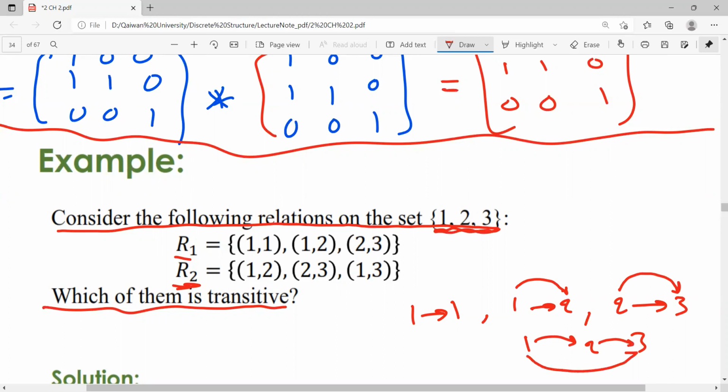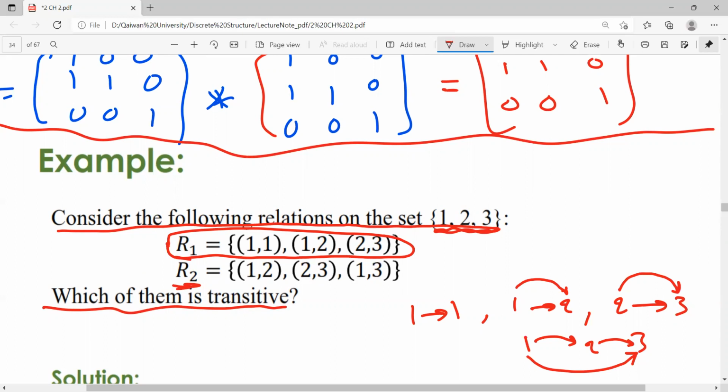Do we have 1 and 3? We must have 1 and 3, and then we say that's transitive. Do we have 1 and 3 here? No, we have no 1 and 3 in R1. So we say R1 is not transitive, because here we have 1 and 2, 2 and 3, but we have no 1 and 3.